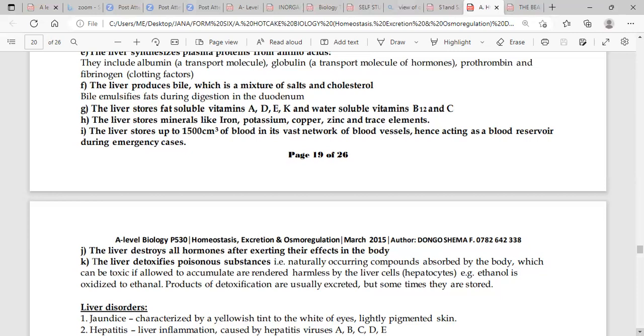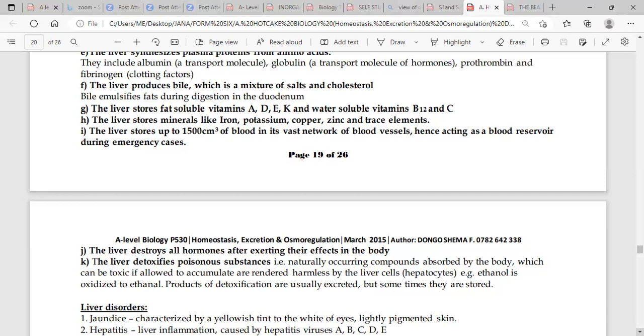For example, ethanol is oxidized to ethanal, and other products of detoxification are usually excreted, but sometimes they are stored because they are not toxic. They have been converted from the poisonous substances, and now the products are not toxic, so they can be stored in the body until there is a best way of excreting them from the body.